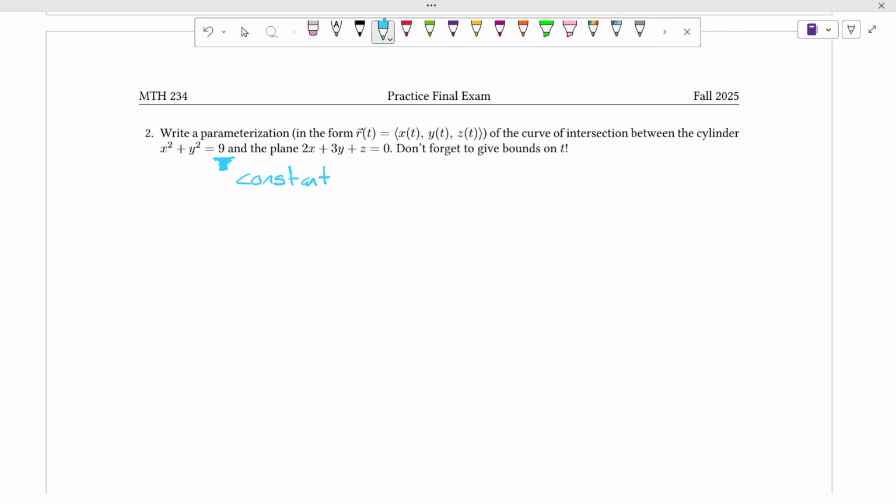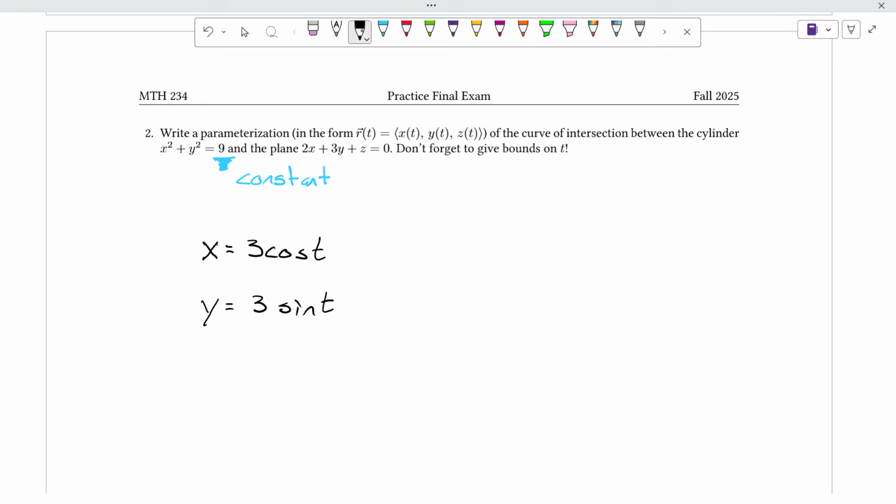I guess really it's a cylinder because we're in three space now, but cylinders look like two-dimensional shapes because there's a variable missing. But, right, so that's x squared plus y squared equals 9. Then I'm going to use x equals 3 cosine t and y equals 3 sine t. That'll be my first step.